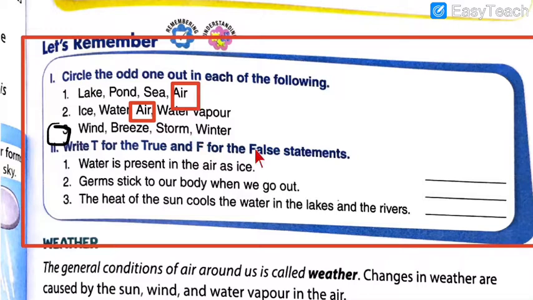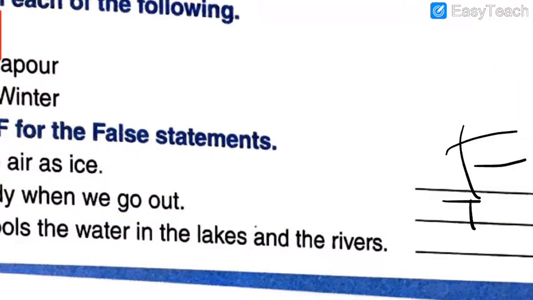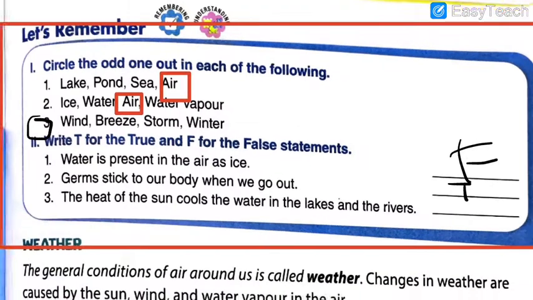Now in the next one: ice, water, air, water vapor. Which is the odd one? Here air again is the odd one. Why? Because ice, water and water vapor are all three forms of water. But air is not a form of water.